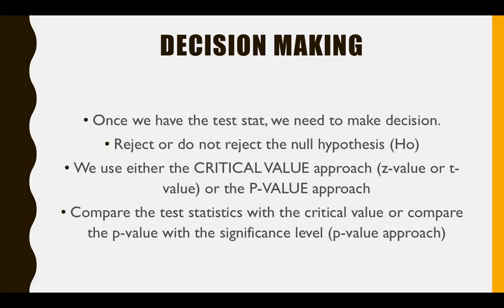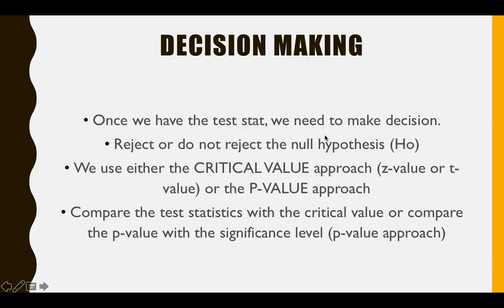Okay, once you have calculated your t-test, you should be able to decide whether to reject the H0 or not reject the H0. So this is step number 4. Once we have the test statistic, we need to make a decision. Our decision is whether to reject the null hypothesis or not reject the null hypothesis.